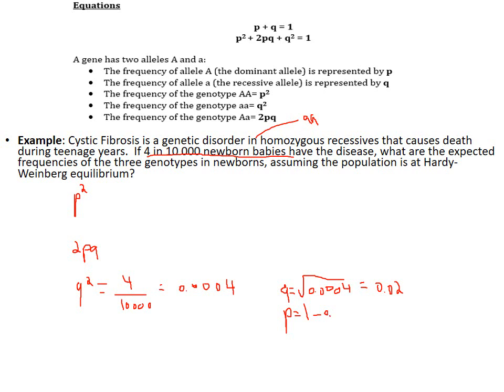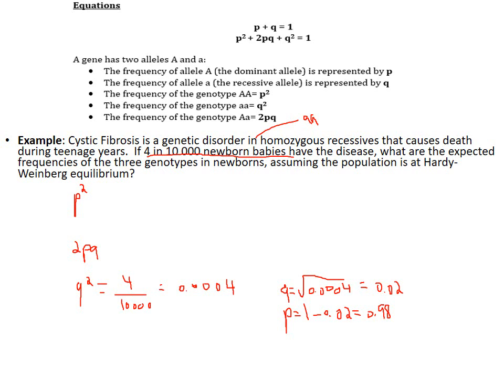Now that you have q, you can find p by doing 1 minus q, which is 1 minus 0.02, and you get 0.98. So let's just verify if that's correct. 4 divided by 10,000, square root that number to get your q, 0.02, and do 1 minus that to get your p, we get 0.98.